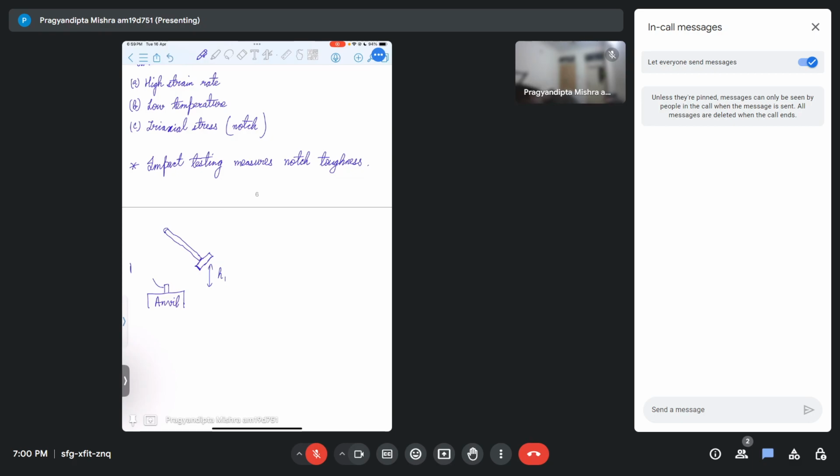The notch sample has broken, and the pendulum swings to some new height, which is given here. This is some h2.